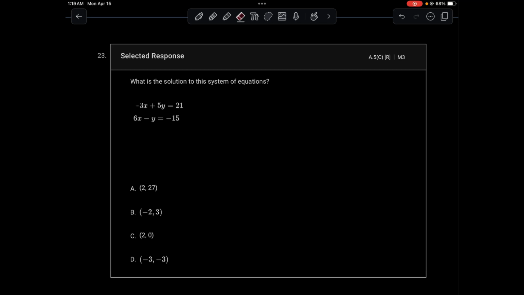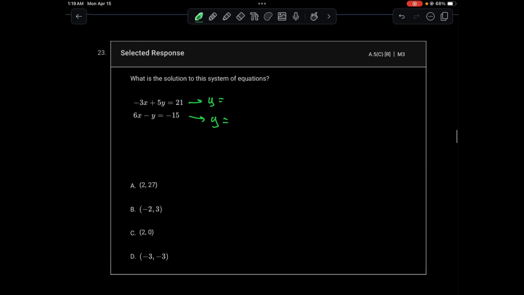But your graphing calculator at STAAR cannot graph anything unless it's y equals. So we would have to isolate y, and I'm going to do it this way here, but I'm also going to do it a different way that may actually be preferred, because you're not doing any algebra.